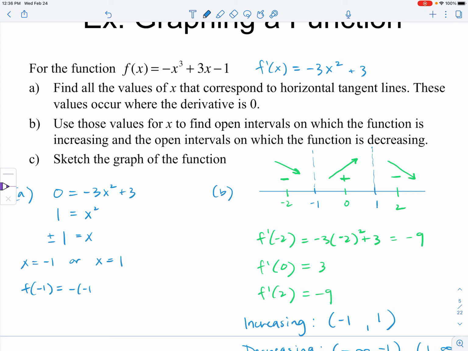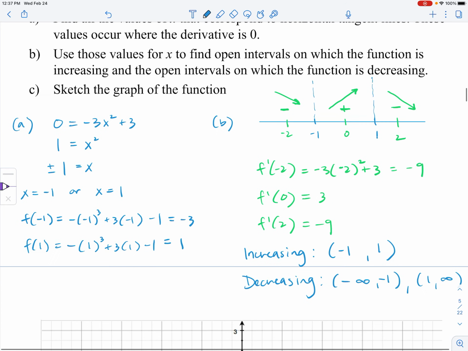So f of negative 1 is, what is that? That would be 1 minus 3 is negative 2, so negative 3. And f of positive 1 would be negative 1 plus 2, which equals 1.